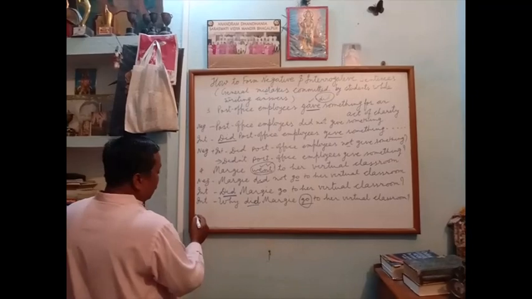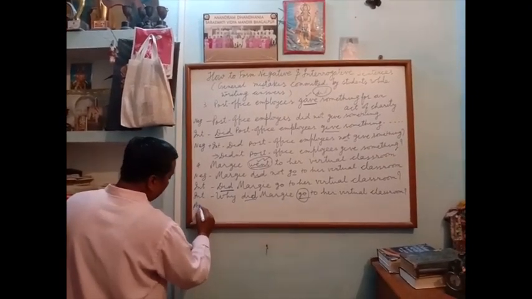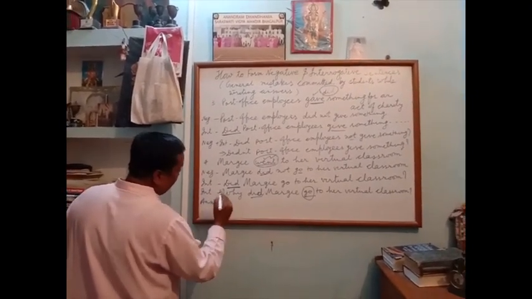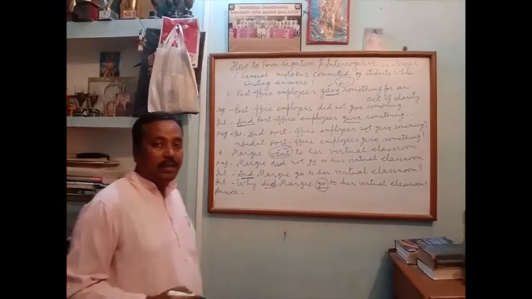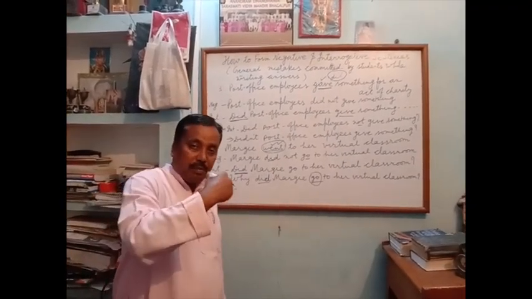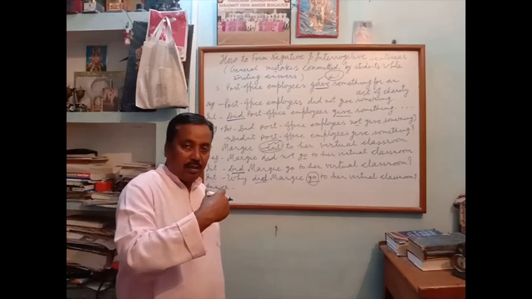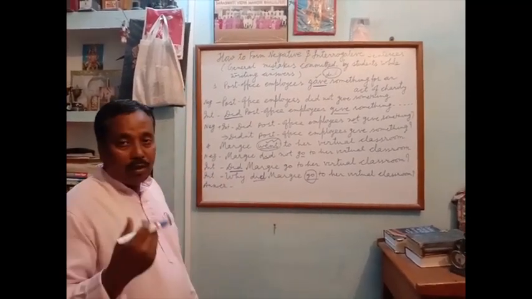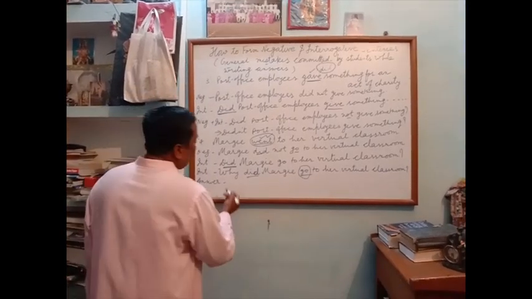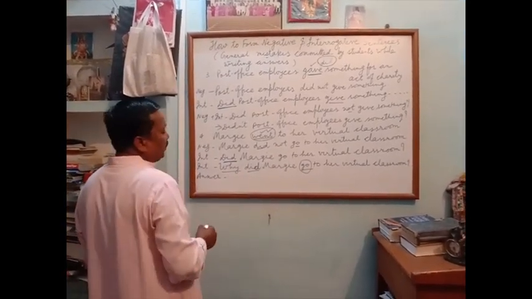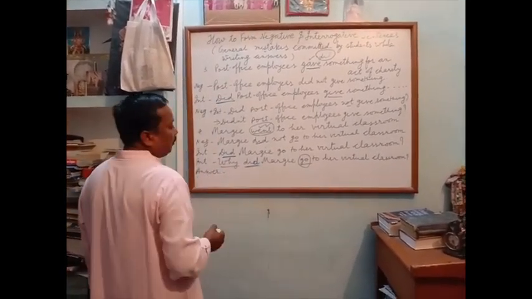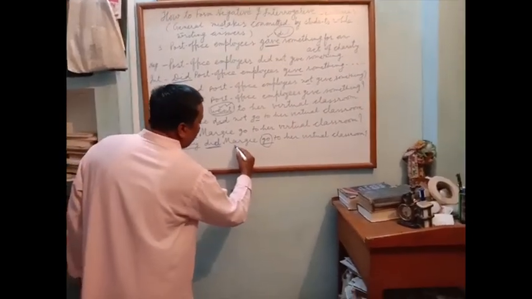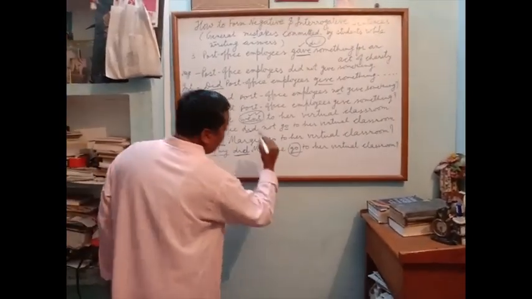Now the answer. Suppose you have to write the answer. How will you write the answer? This is the main purpose. How to write correct sentences, that is the main purpose. Students will leave this WH and this helping verb. Now students will start writing from the subject.